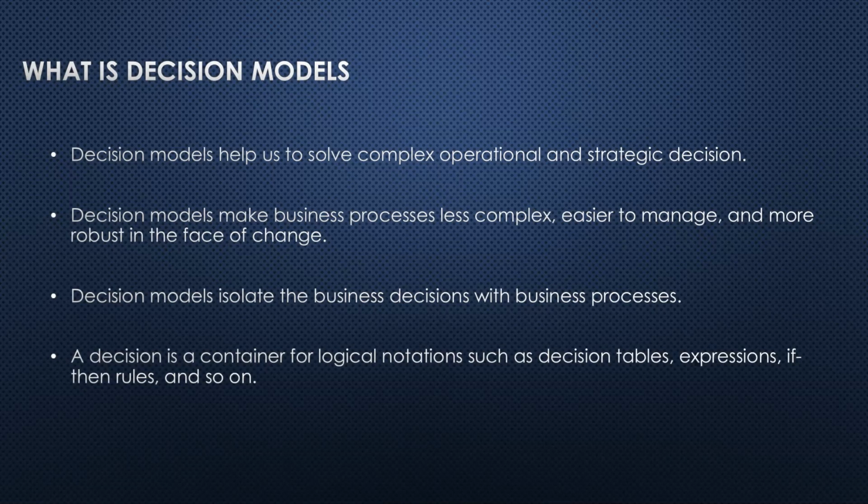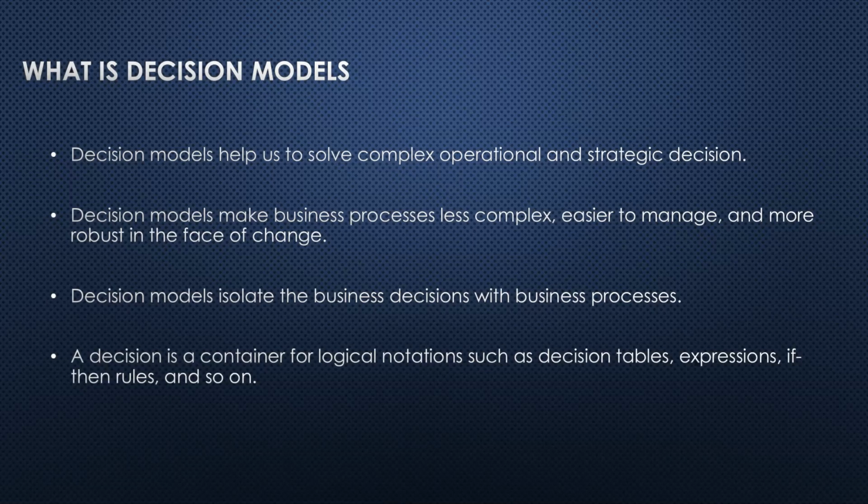And if we want to use the same type of decision in some other process, we have to write this decision again. If we create a decision model, it can be reused in multiple business processes. Hence we don't need to create the decision again and again, as we would if we directly embedded it into the business processes.